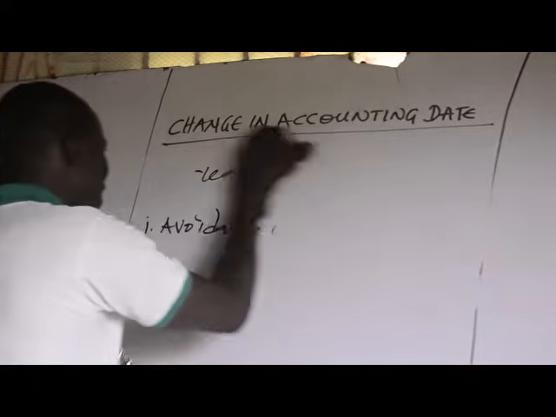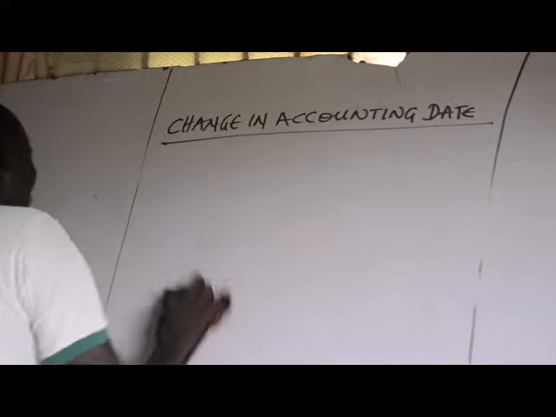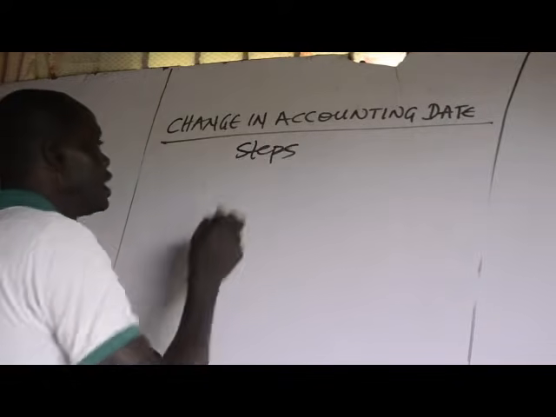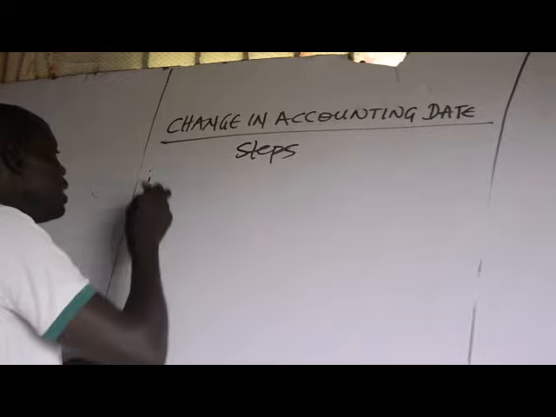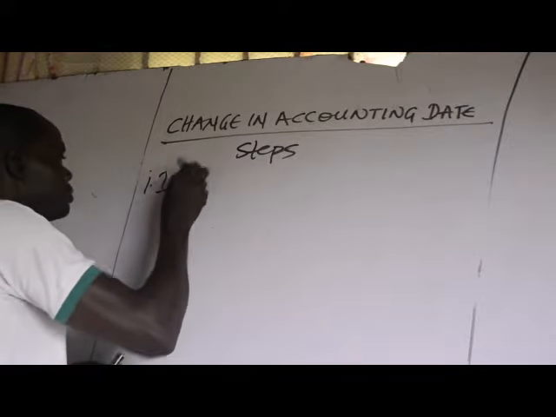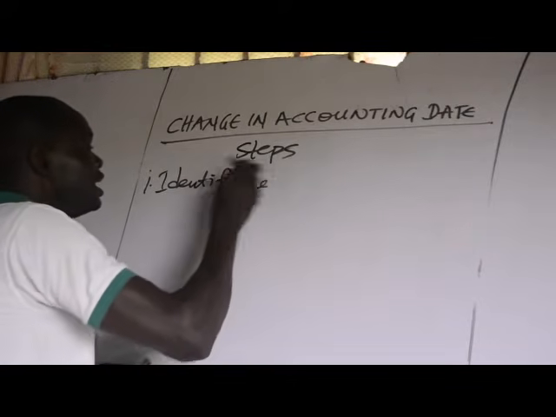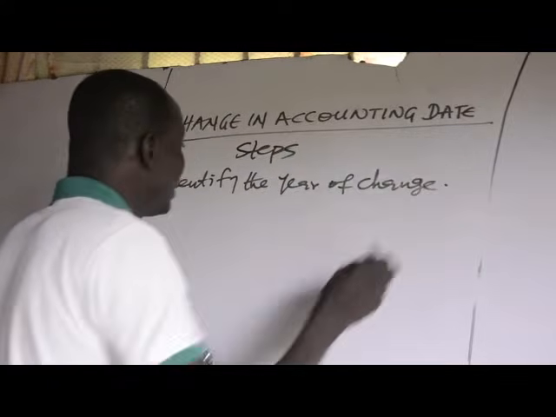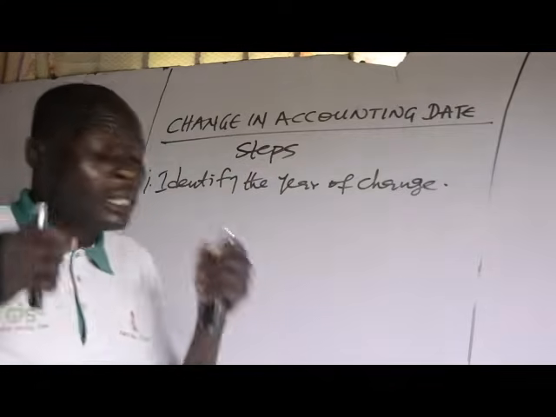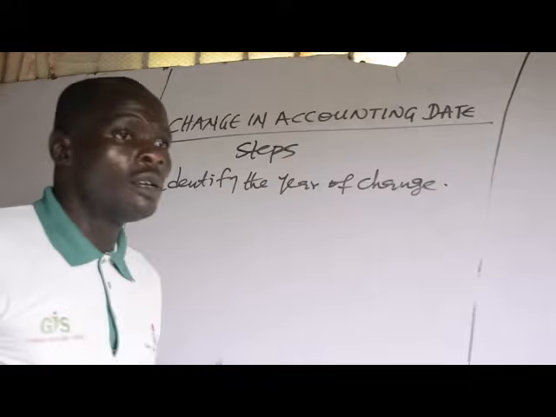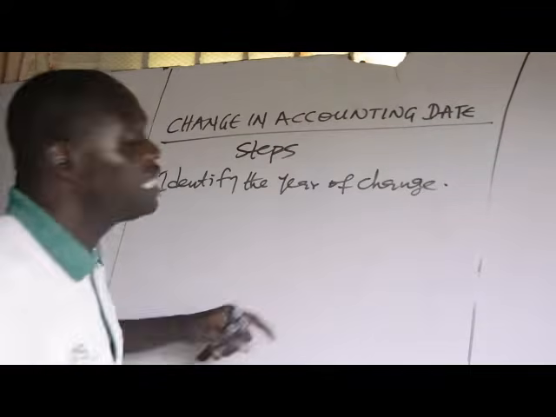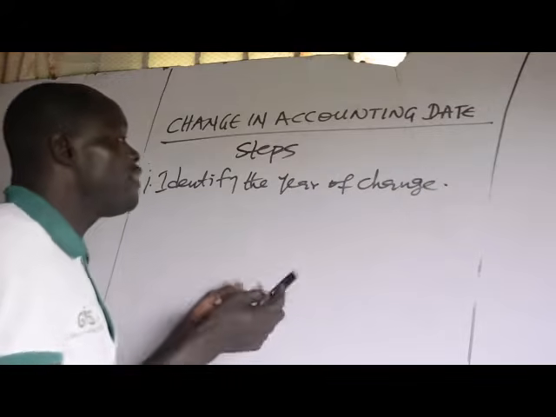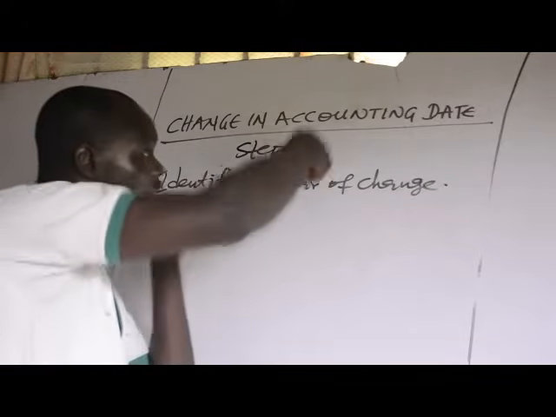What are the steps for solving problems involving change in accounting date? Step one is to identify the year of change. The year of change is the year the business fails to prepare its accounts to the old accounting year end.